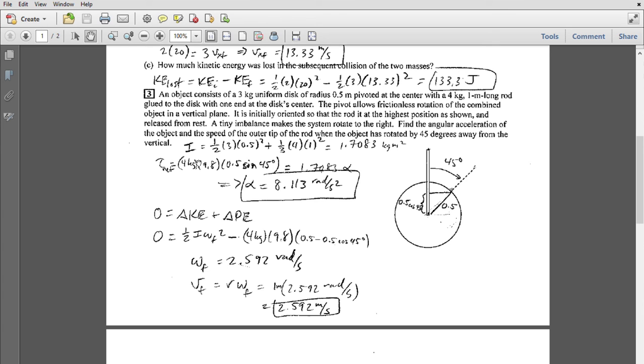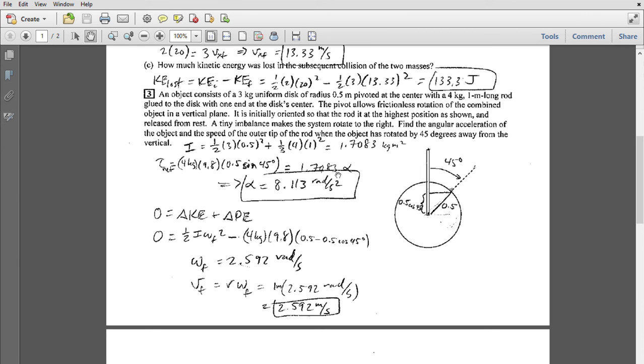Rod's mass is 4 kilograms, so 4 times 9.8 is as if it's being applied at this point going straight down. And the moment arm there is 0.5 meters times the sine of 45 degrees, this distance right there. So force times moment arm gives the net torque, which is just the torque on the rod part.